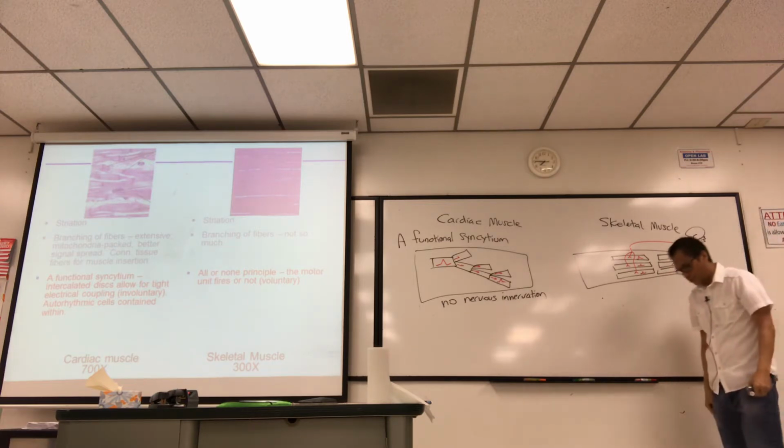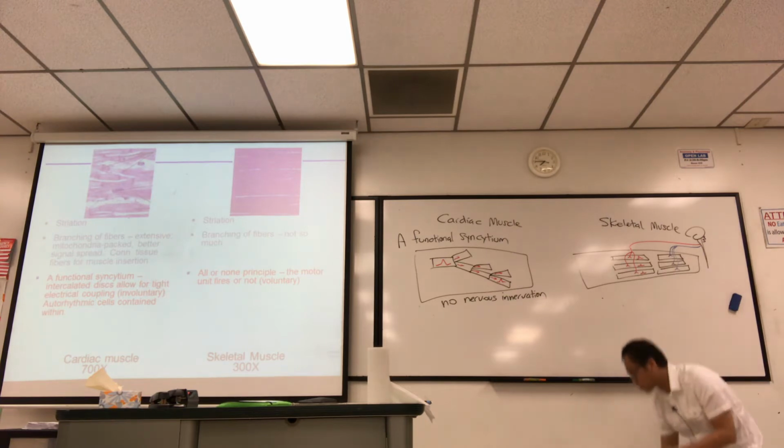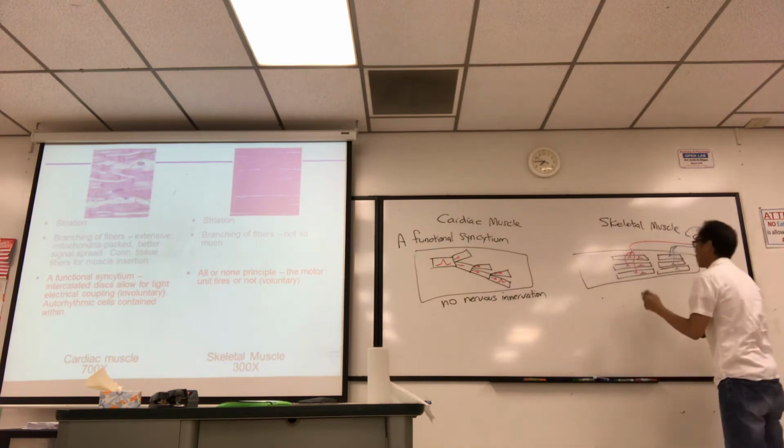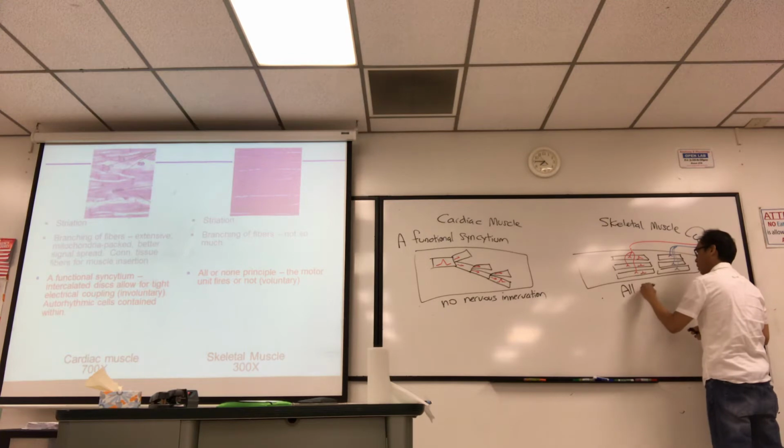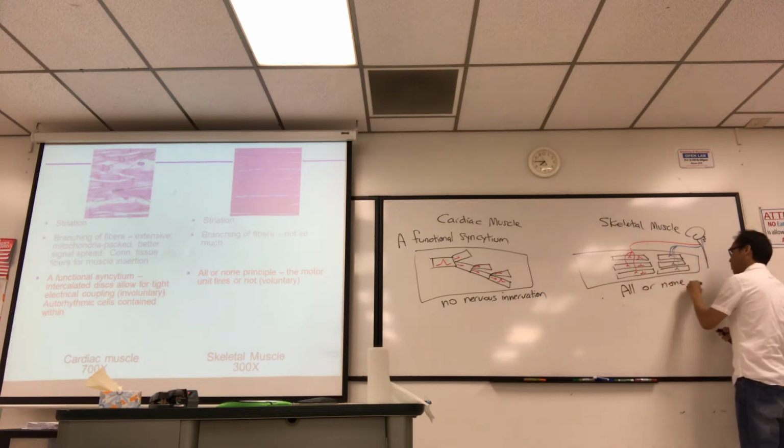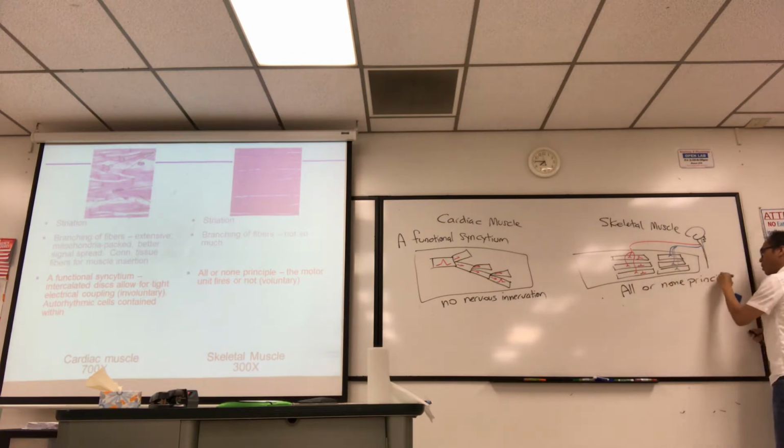And the all or none principle is you either recruit a motor unit or you don't. It's on or off. There's no in between. So this red one, either it's on or off, and this blue one, it's on or off. Now you can recruit both of them, or one, but not like 1.5, okay?